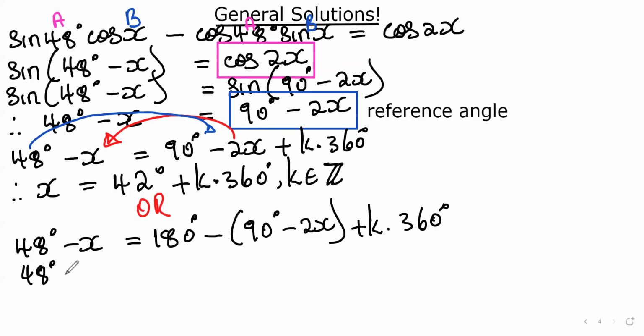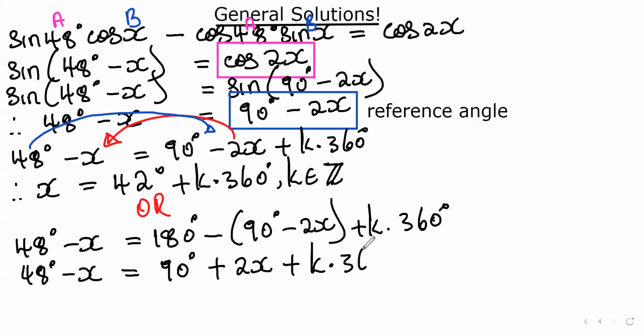For this one, we are simply going to distribute the negative sign. So 90 degrees will become negative, and 180 minus 90 is simply going to give us 90. The 2x will become positive, and we have k times 360 degrees.